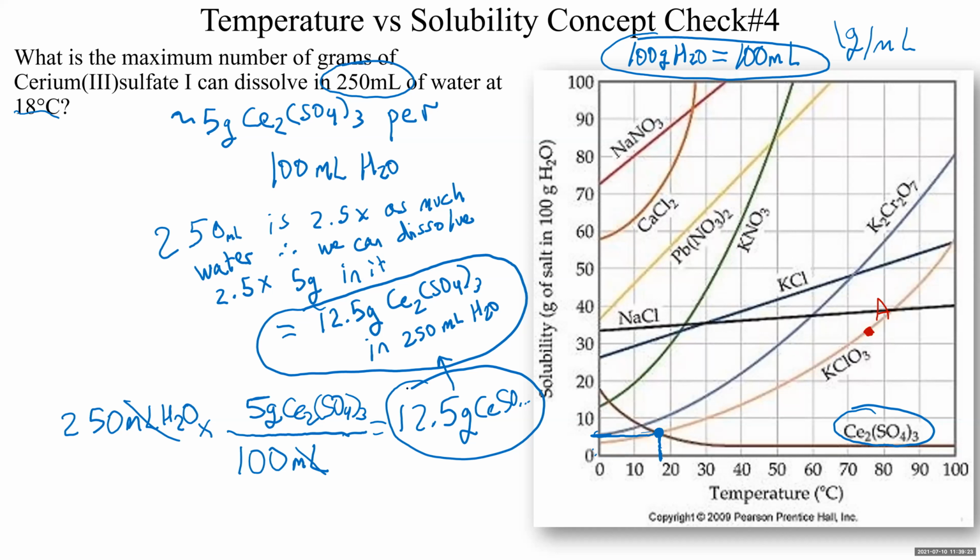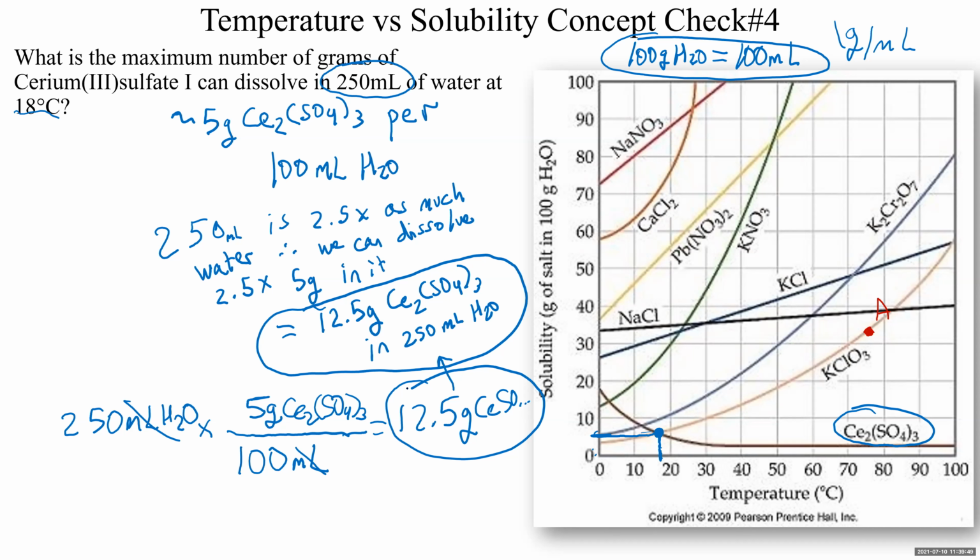You can gain a lot of information from graphs. It's a very abbreviated, shorthand way of providing you with tables and tables of information. I mean, imagine if we had to write this out into tables for each one of these compounds, it would be a huge table with many rows and many columns. But here you can just look at a graph and you can kind of see relationships automatically.